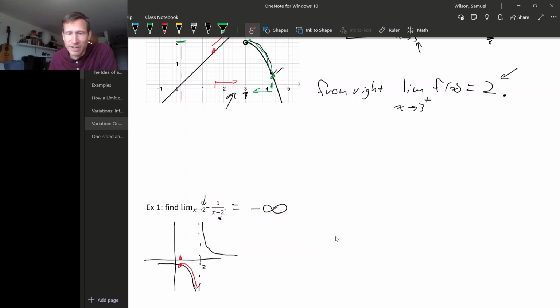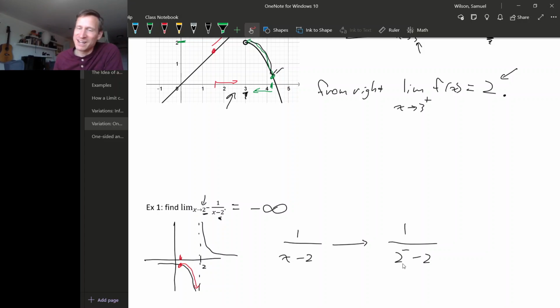Another way we could do this is we could take this expression that we're taking the limit of, 1 over x minus 2. We are going to 2 from the left, and that means that this x value is a little bit smaller than 2. So we could plug in 2, but a little bit smaller than that, with a little minus sign right there. This little minus sign isn't a negative, it's just reminding us that what we're plugging in isn't 2, it's a little bit smaller than 2.